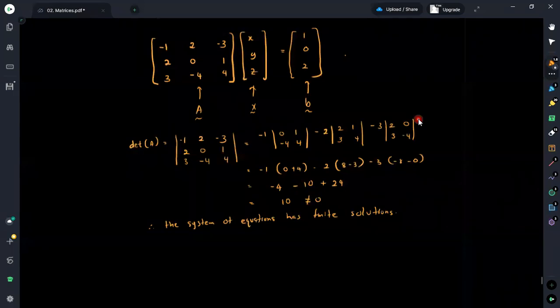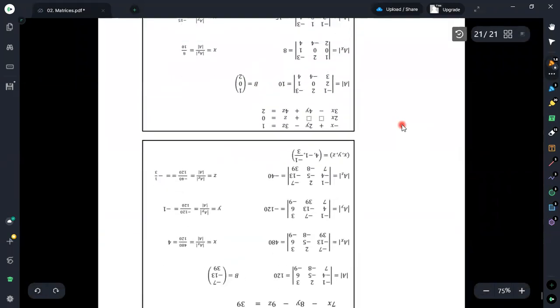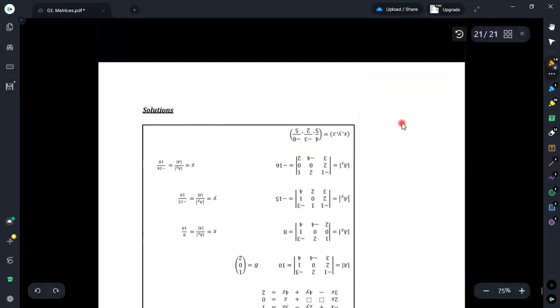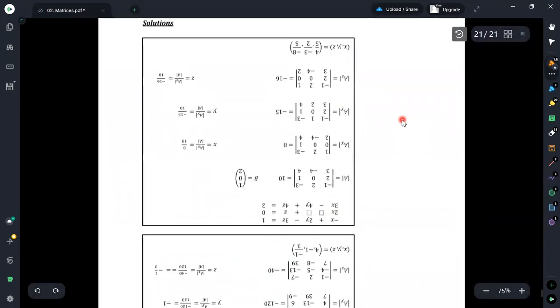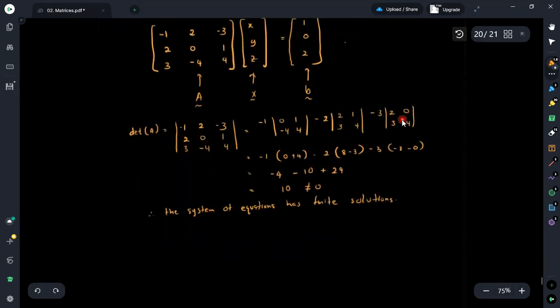In that case we could terminate the calculation at this point. But here we have to perform the calculation, since the system has finite solutions.